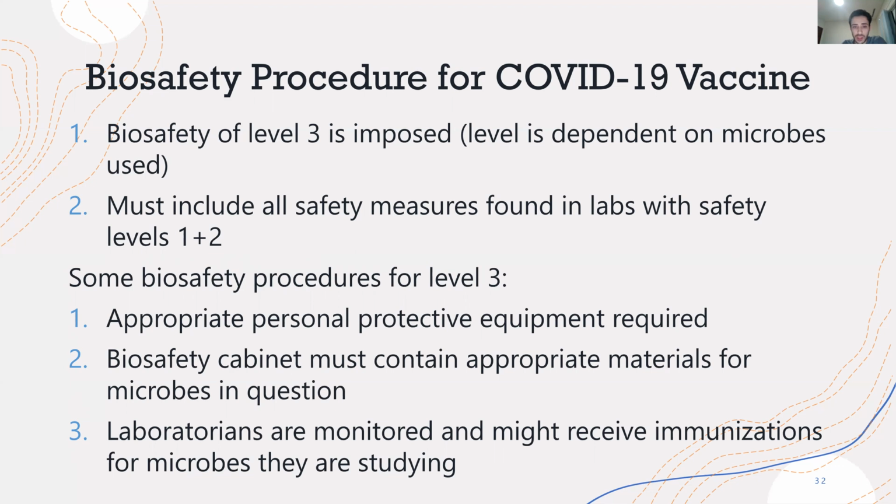So what are some examples of procedures for level 3? You must have appropriate personal protective equipment. The biosafety cabinet must contain appropriate materials for the microbes in question. Laboratorians are monitored and might receive immunizations for the microbes they are studying, along with many other procedures that are found on the FDA website.